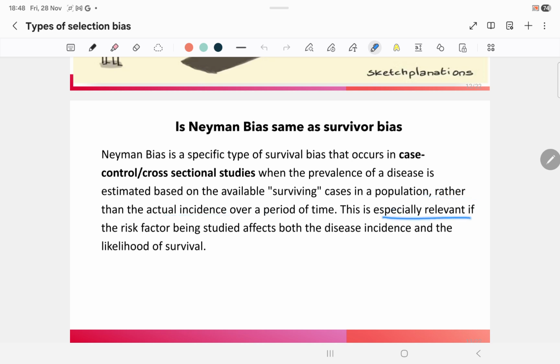This is especially relevant if the risk factor being studied affects both the disease incidence and the likelihood of survival. So if there is a risk factor which affects the incidence of the disease but also the likelihood of survival, then this survivor bias or Neyman bias comes in.